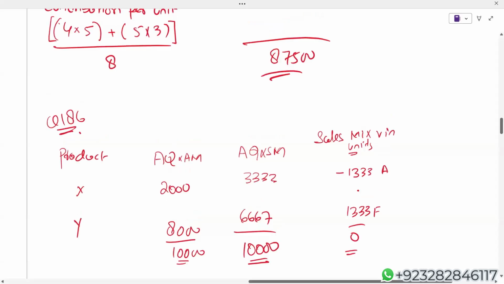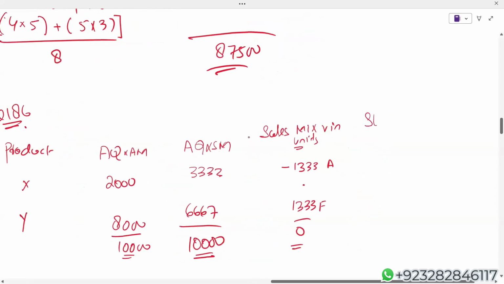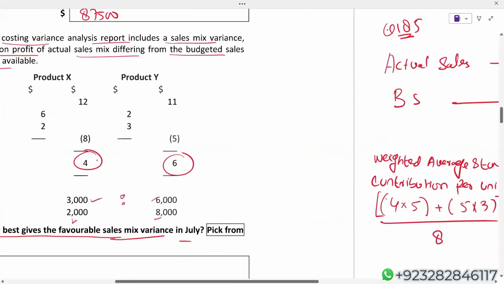Now we'll be using standard profit per unit because of absorption costing. They have given us the standard profit per unit, 4 and 6.